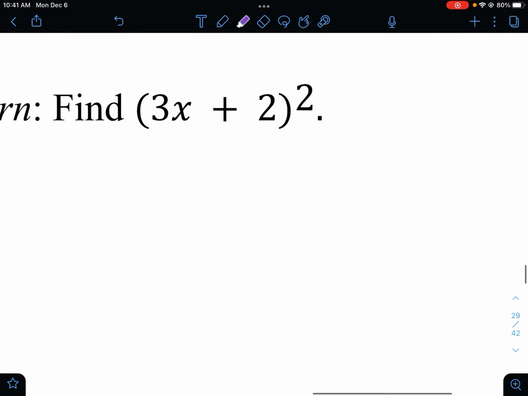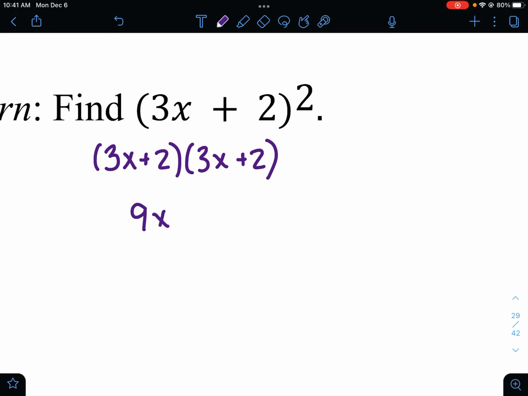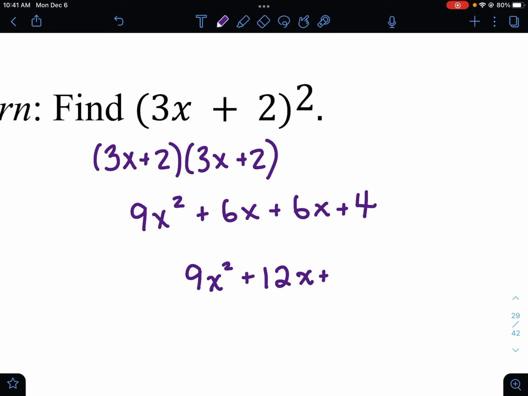All right, so take a moment, try this your turn, and then come back and check your answer. Okay, so hopefully you got 9x squared plus 12x plus 4.